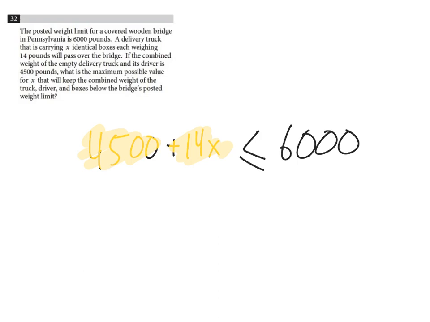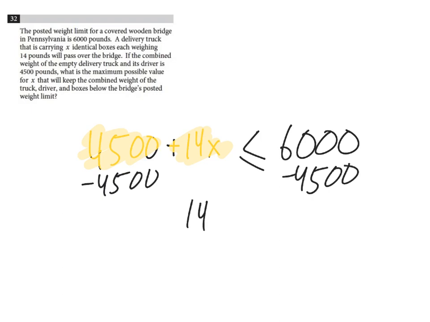I'm going to subtract 4,500 from both sides. I get 14x is less than or equal to, well, 6,000 minus 4,500, that's going to be 1,500. And then I have x is less than or equal to 1,500 divided by 14. I'm going to go to my calculator now. 1,500 divided by 14.